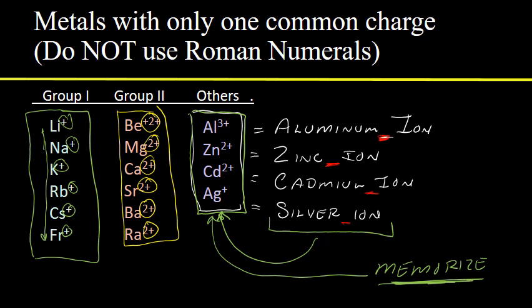Okay, these guys here you can kind of understand. The guys in group 1 lose 1 electron to become +1. The ones in group 2 lose 2 electrons to become +2. That makes sense. For these guys, there's nothing you can do except memorize them. So put them on a flashcard or something like that. These are all pretty common. Cadmium a little bit less than the others, but the other 3 are really, really common. And so you definitely have to know those charges.